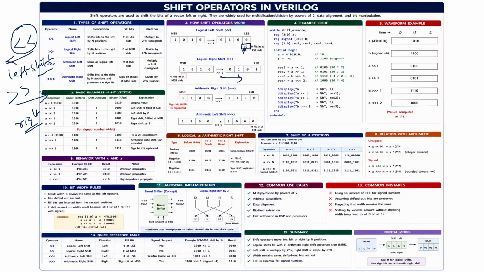But in the arithmetic shift, the MSB position should be filled with 1, because this is the signed value replication. Signed value means we always need to place the 1 at the weighted position. Whichever value we are shifting, suppose you have 1010 and it is right shifted by 2, how is it shifting? 0 is coming out here, and then 1 is here, 0 will be here, 1. In this vacant position we need to place the 0 here. Yes, sir.